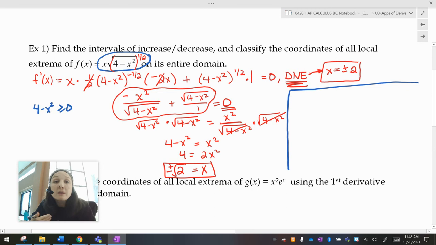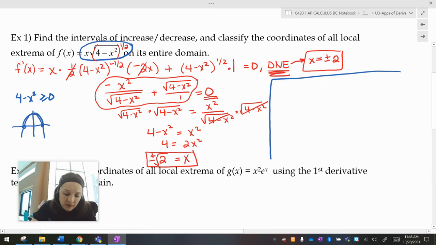Now, honestly, for me, the easiest way to solve that is I can think of what 4 minus x squared looks like as a graph. The graph of 4 minus x squared is an upside-down parabola hitting at plus or minus 2, and that is above the x-axis in between the roots. So the domain of our original function is -2 to 2.